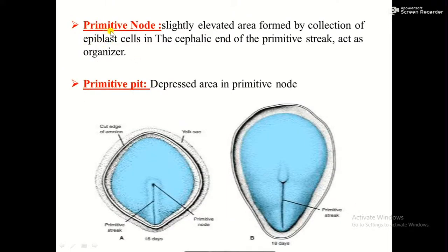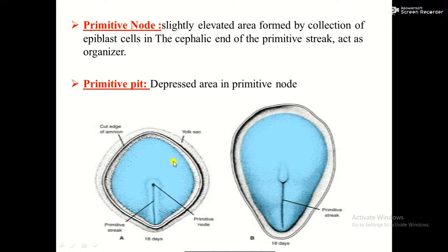Second thing, we will have a primitive node. A primitive node is a slightly elevated area formed by a collection of epiblast cells at the cephalic end of the primitive streak, and it acts as an organizer. So look here, as it says, it's an elevated area, a region slightly raised above the surface itself, and it forms by a collection of epiblast cells.